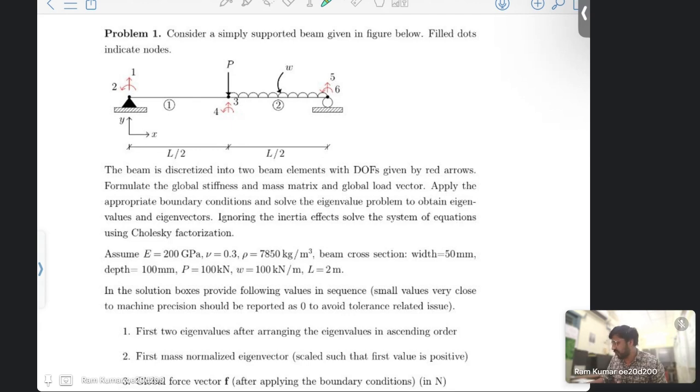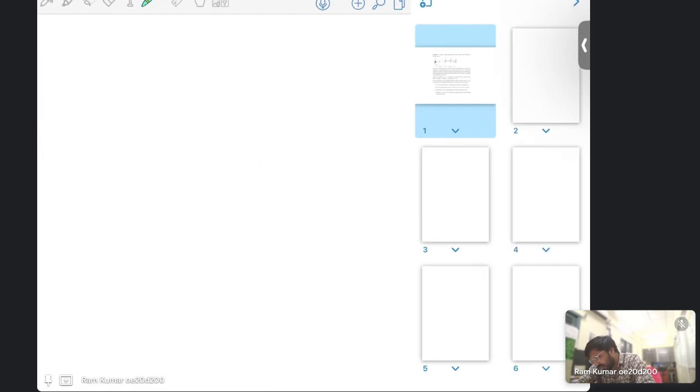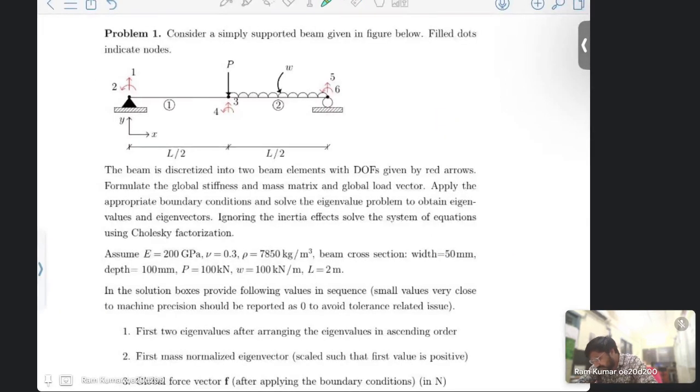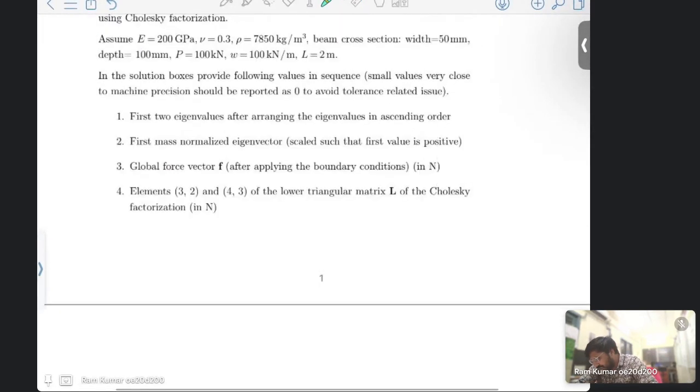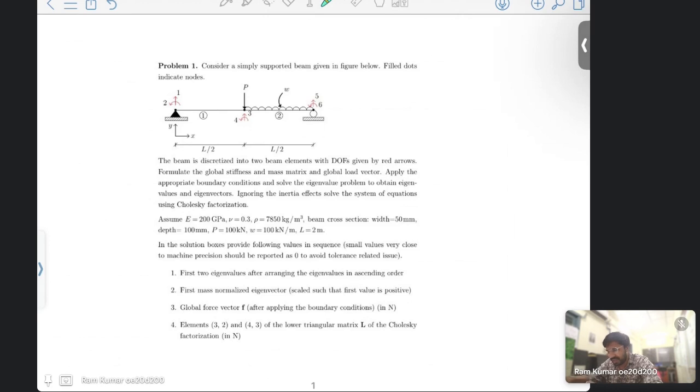So just go through. I will add some pages. First, how we are going to start? First, I will write all the given parameters.